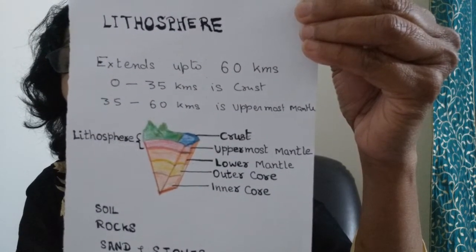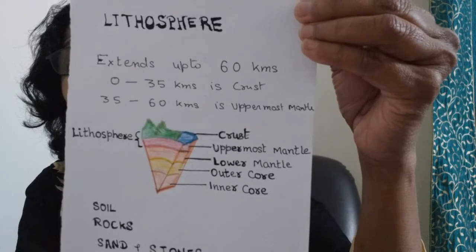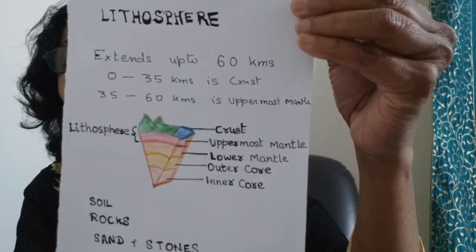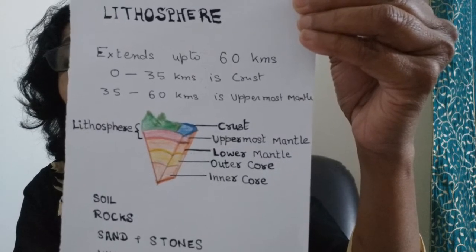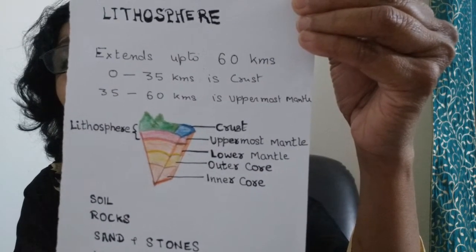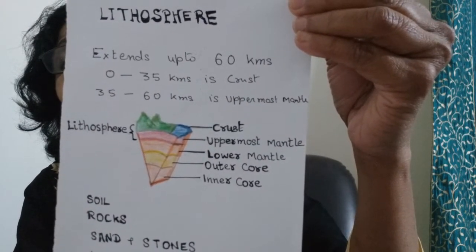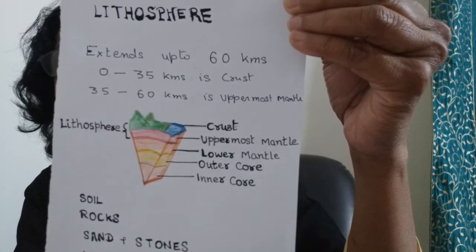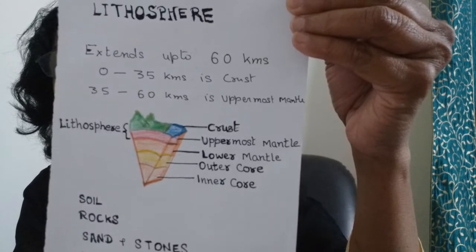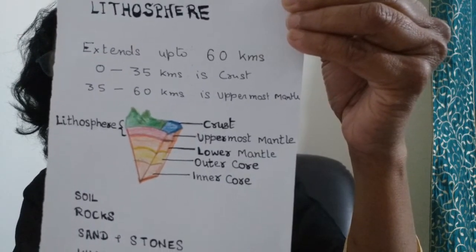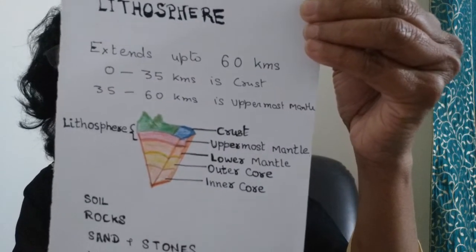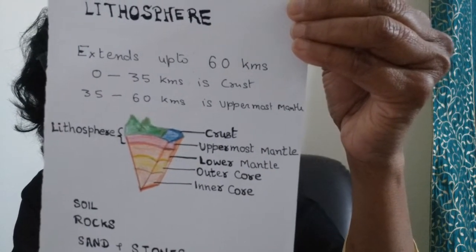After 35 kilometers comes the mantle. The mantle is made up of two layers, the outermost mantle layer and the lower mantle. Then comes the core. Core is also made up of two layers, outer core and the inner core. So this is how the various layers of earth are shown in this figure.